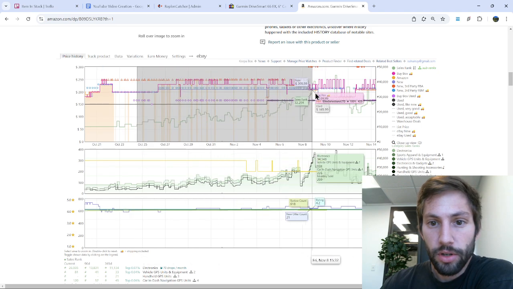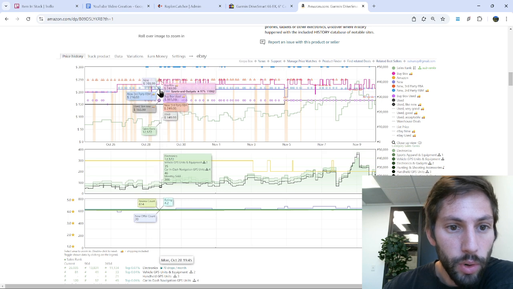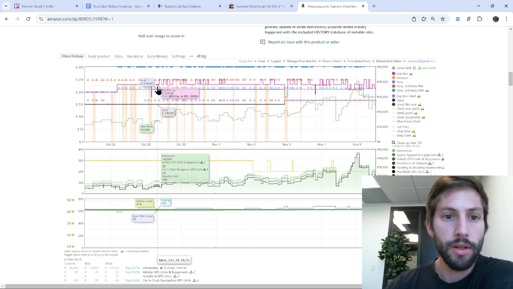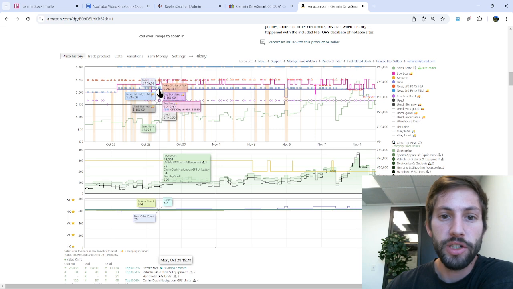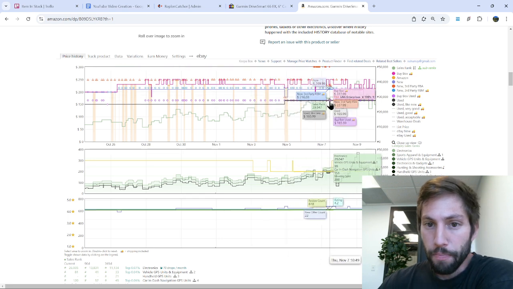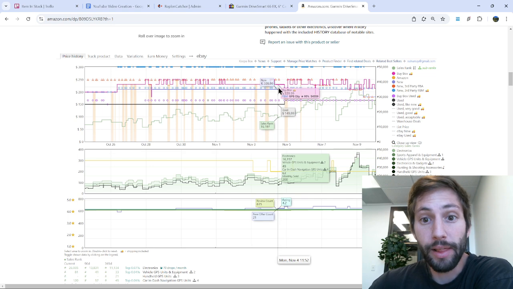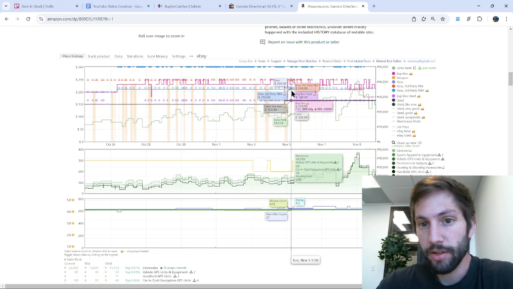But then there's also an FBM seller that looks like it was lower than the buy box, and for whatever reason this 216 wasn't getting buy box, which is something to keep in mind. They might literally be too low priced in this situation.